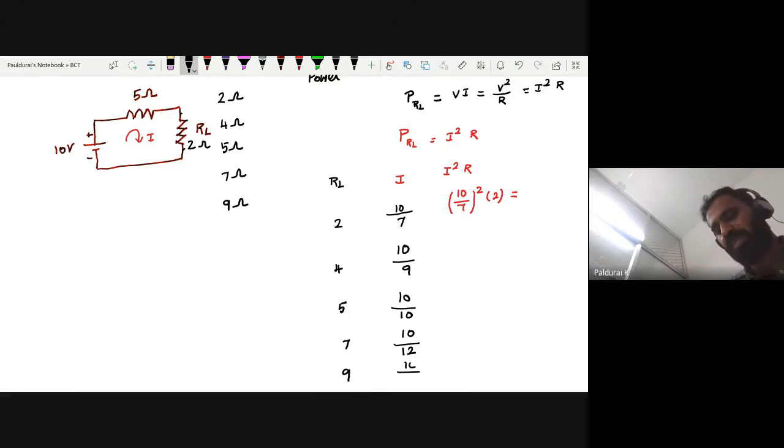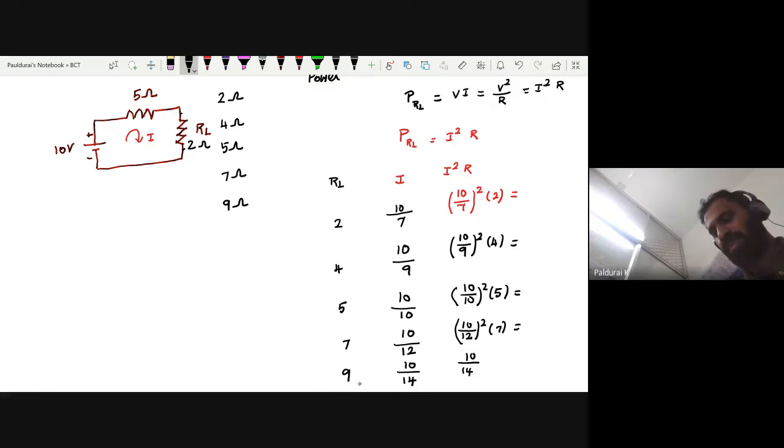And this time 10 divided by 5 plus 9, 14. And I squared R: 10 divided by 9 the whole square, and here R is 4. 10 divided by 10 the whole square, and here R is 5. 10 divided by 12 the whole square, and here R is 7. 10 divided by 14 the whole square, and here R is 9.